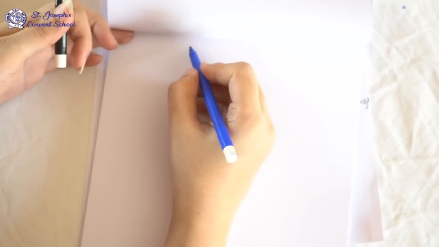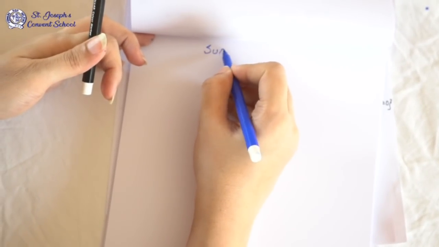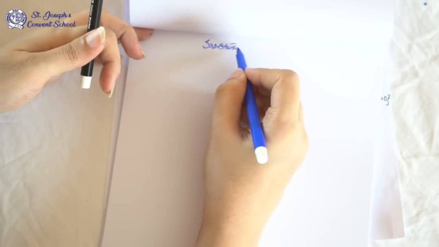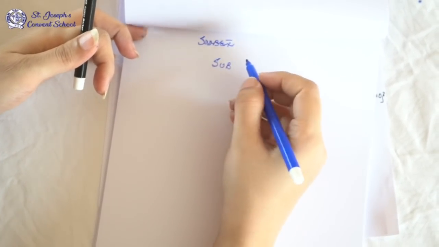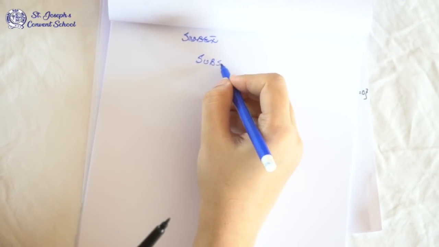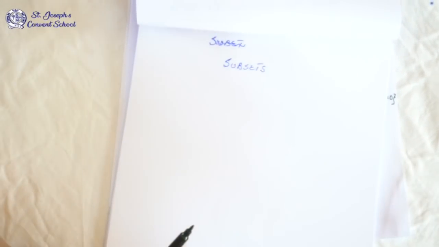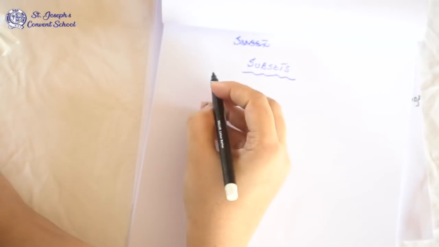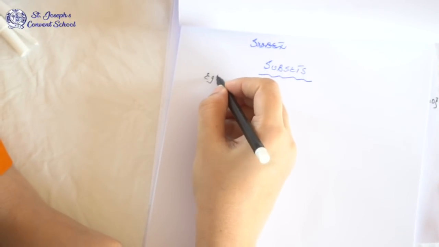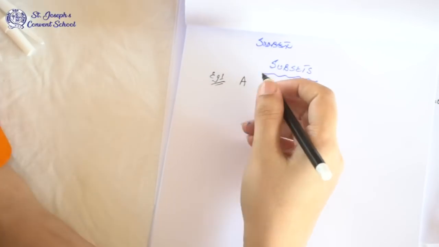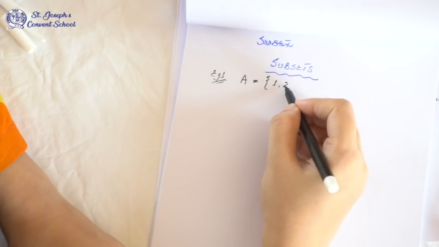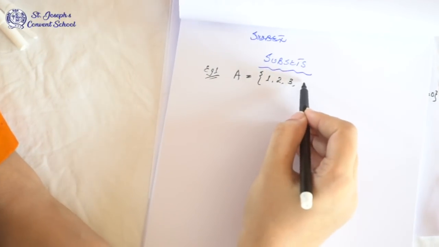Now, how to find subsets? Subsets are actually part of the universal set. Suppose set A has the elements 1, 2, 3, 4.